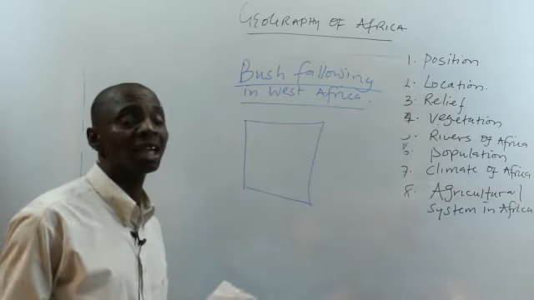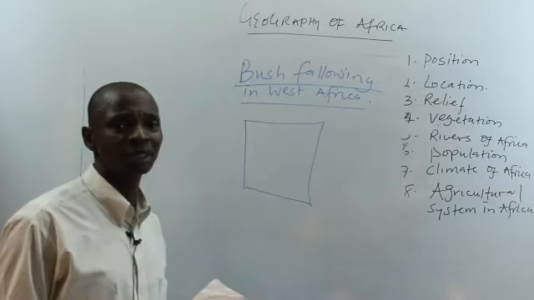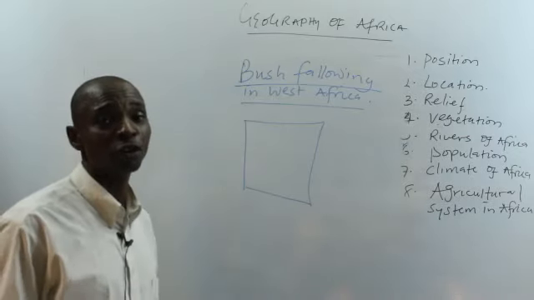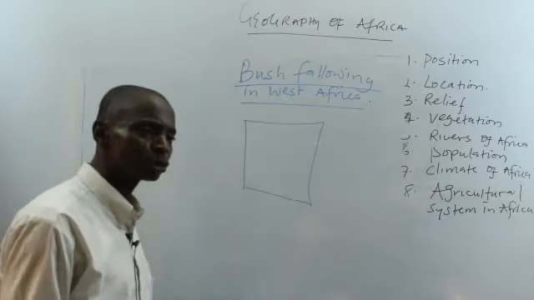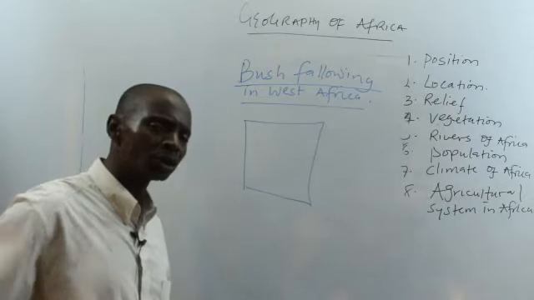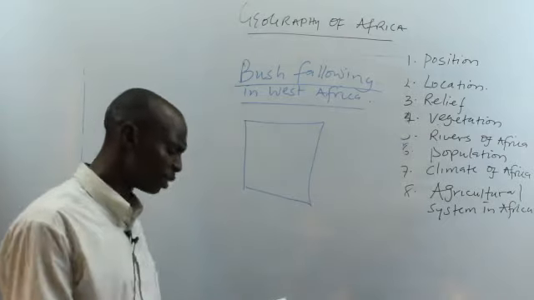If we have enough land, you can allow a land to fallow for any length of time before coming back. If you have enough land, you can cut out a portion, allow that one to fallow, then you go to other place to cultivate. So these are the factors of bush fallowing.